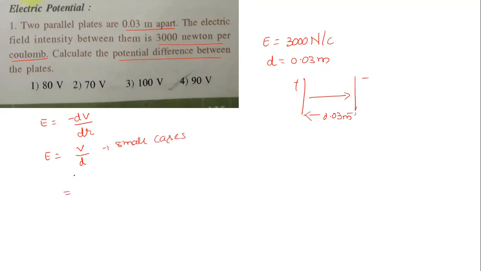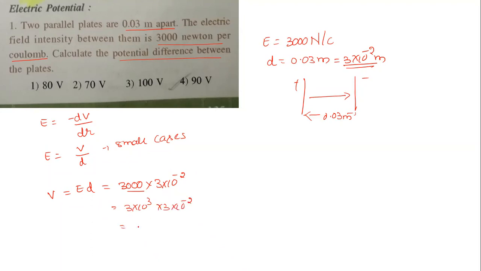So we need to find V. Then can you write V equal to E into D? E is given as 3000 Newton per Coulomb, so it is 3000 into the distance. I'll write it like this: 3 into 10 power minus 2 meter. This is 10 power 3, so 3 into 10 power 3 into 3 into 10 power minus 2.